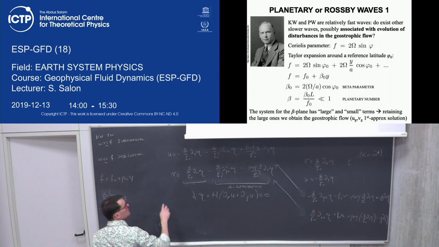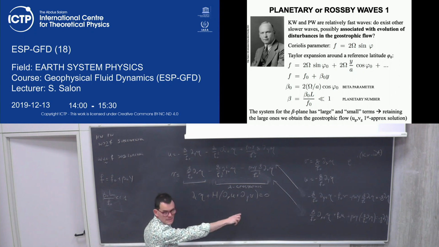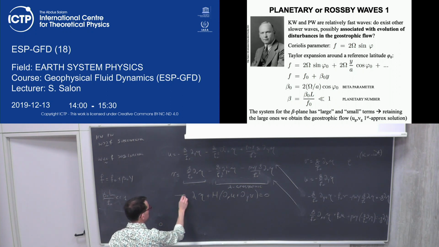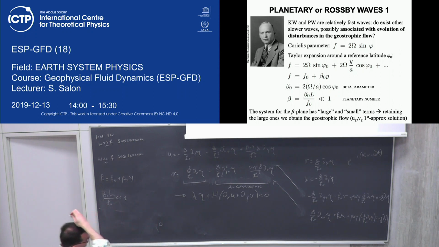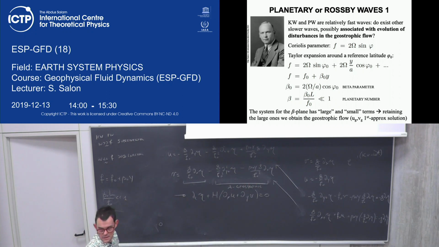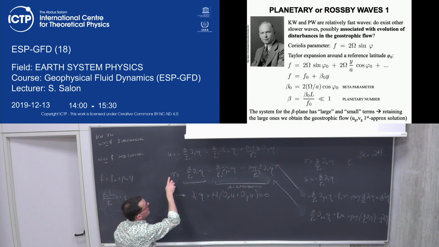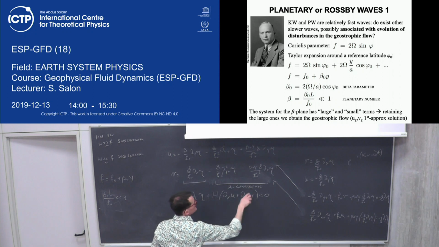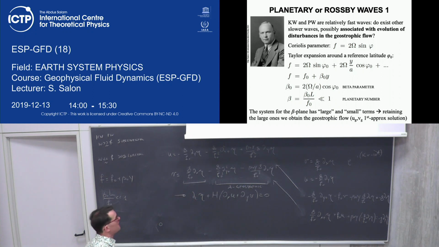So if we take this one and put it in the third equation, the continuity equation, because now we have everything as a function of eta, okay? So u and v are functions of eta. All the other terms are parameters, g, f0, beta 0, and then we have y here. So we can put everything together.